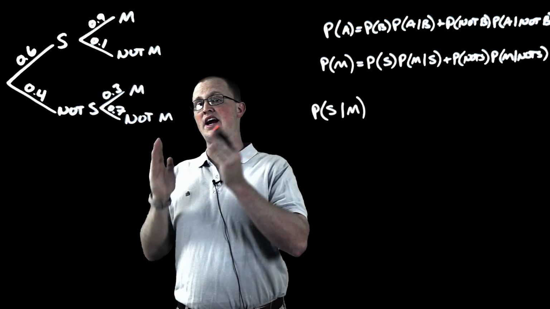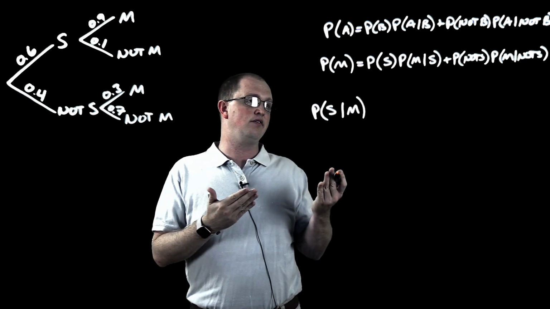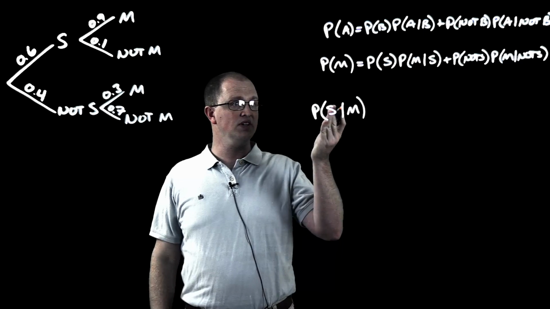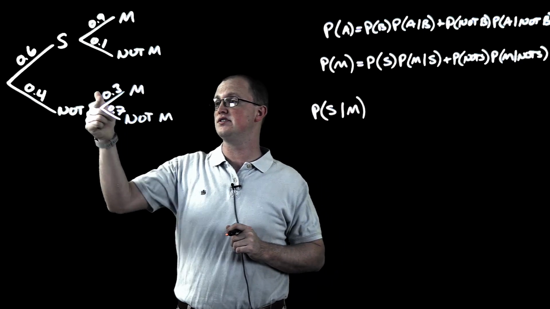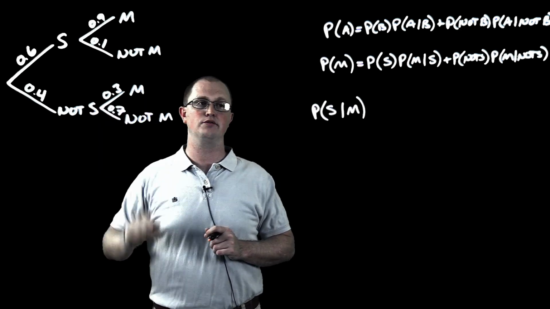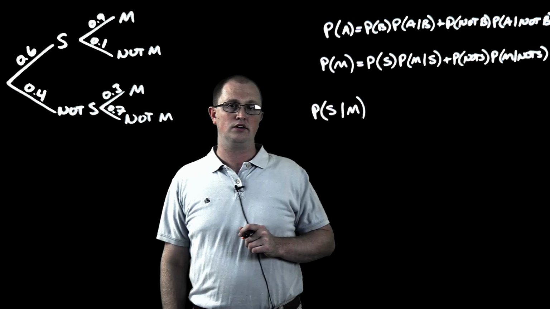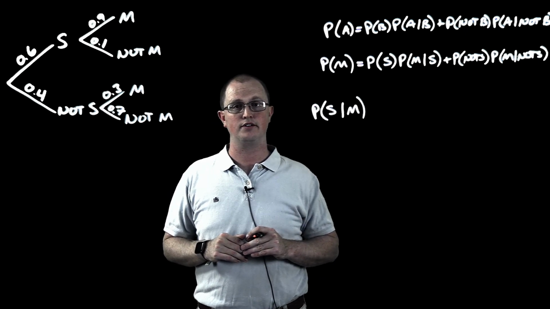We want to ask, how can we answer the question of, what's the probability that we saved $500 given that we did go to MoMath? Right? Because there is a path through this decision tree where we get to go to MoMath even if we don't save our $500. So the fact that we're there does not guarantee that we saved $500.